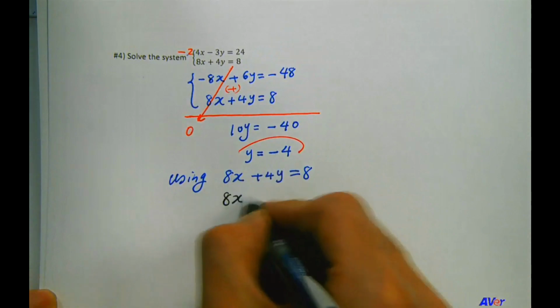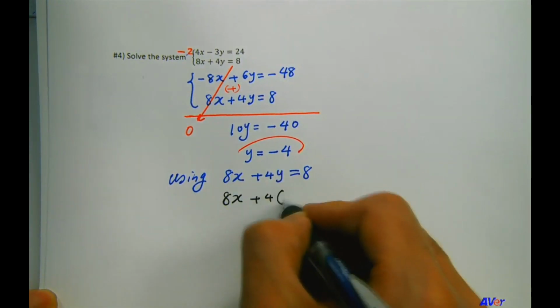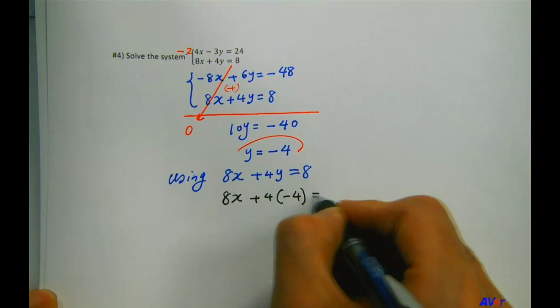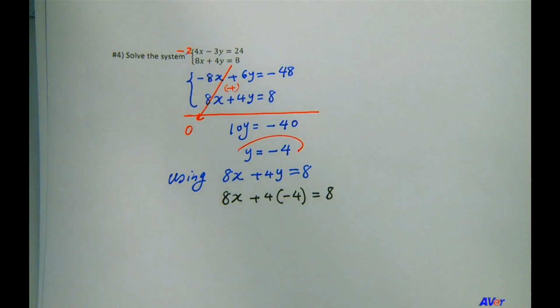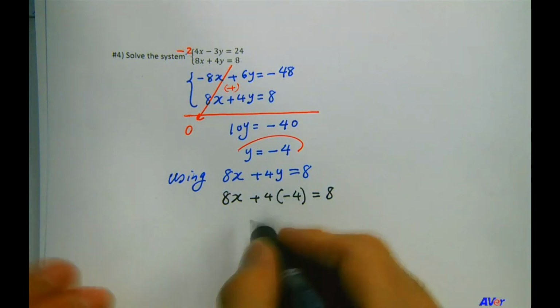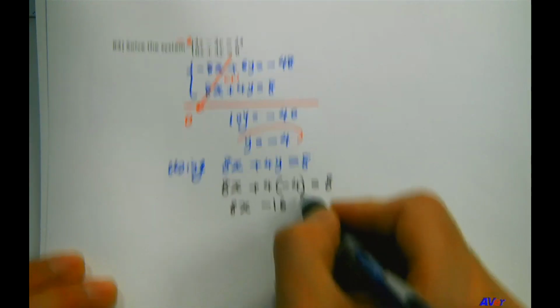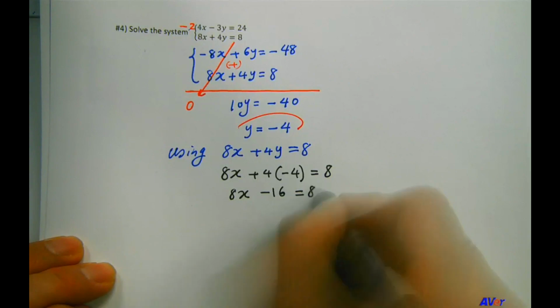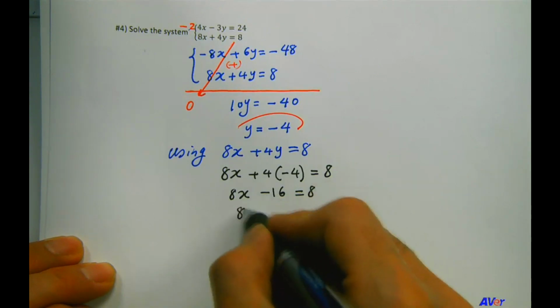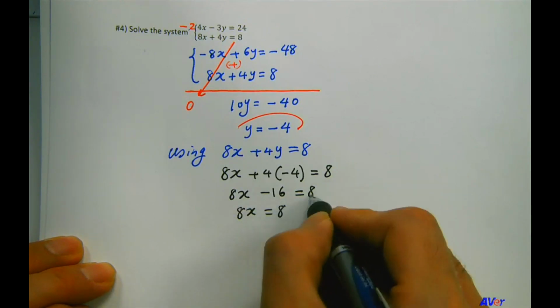So we have 8x plus 4 times minus 4 equals 8, right? So we have 8x minus 16 equals 8.